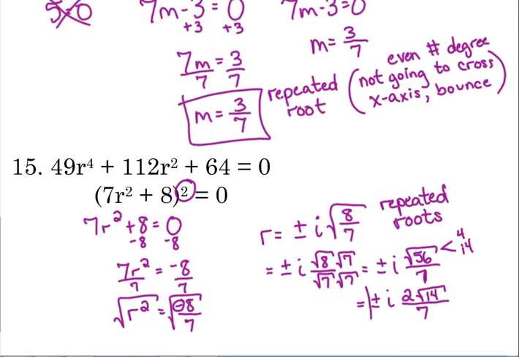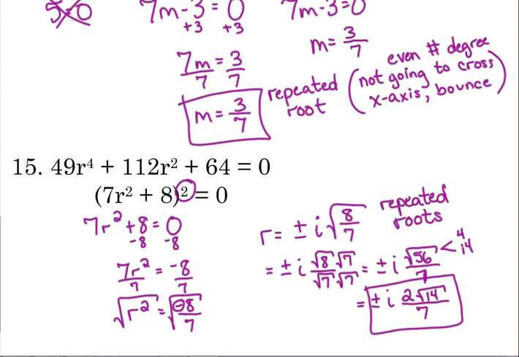That is as far as we can take that. Okay, no, you cannot simplify the 14 over the 7 because the 14 is under a square root, the 7 is not. So you're not allowed to combine with things that are under square roots.